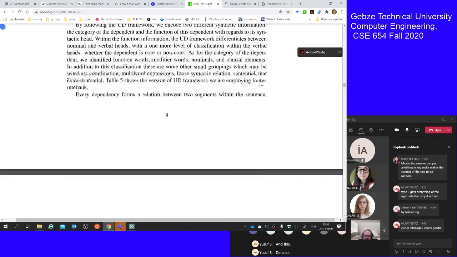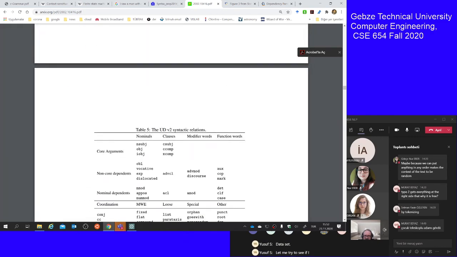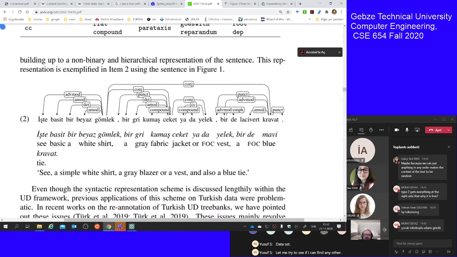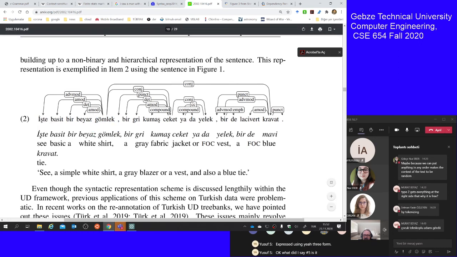Let me see if I can find any other. Yeah, the same sentence expressed using a tree form. What did I say? Number 5 is related to all the others using these relationships.